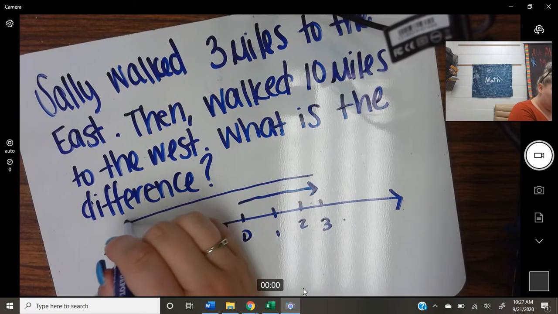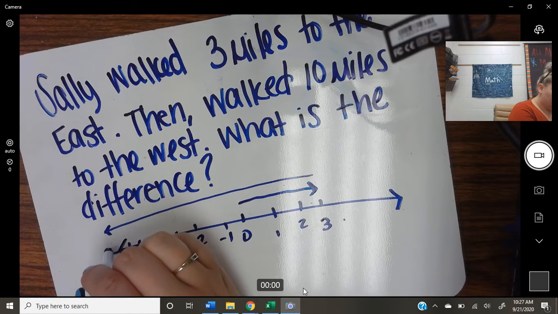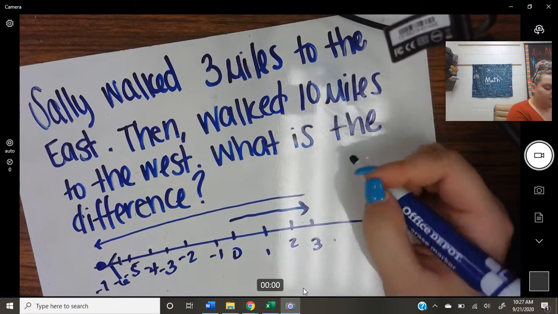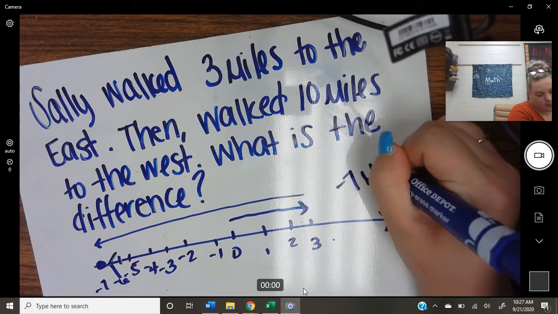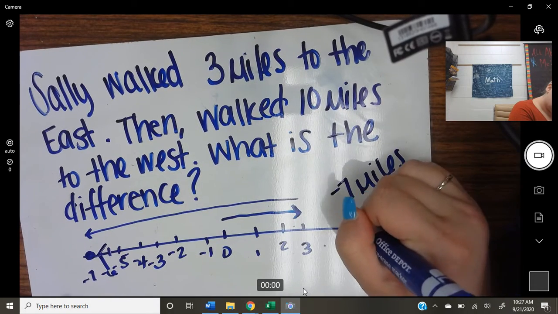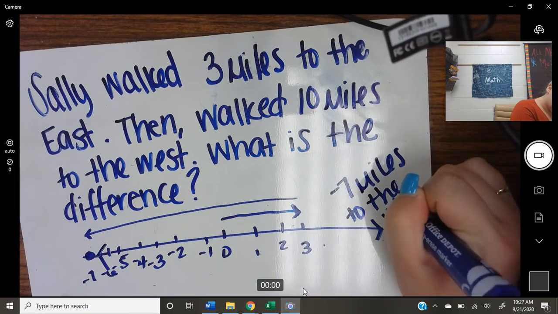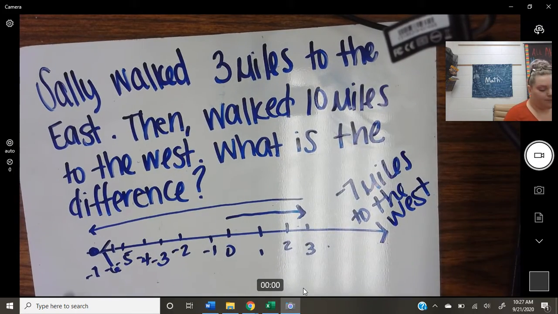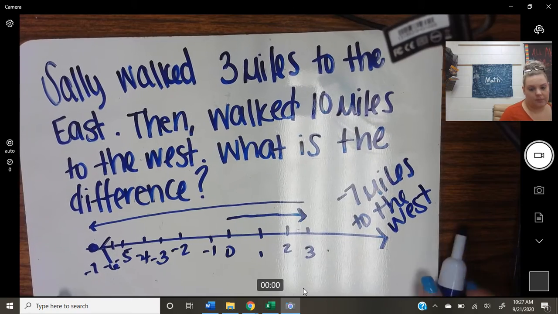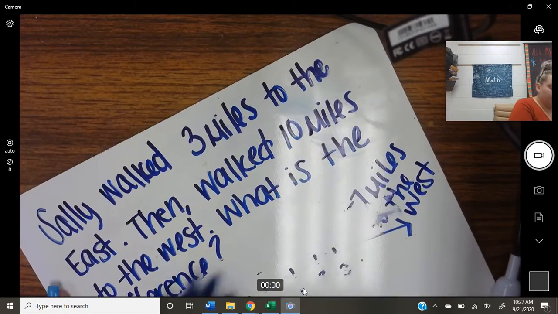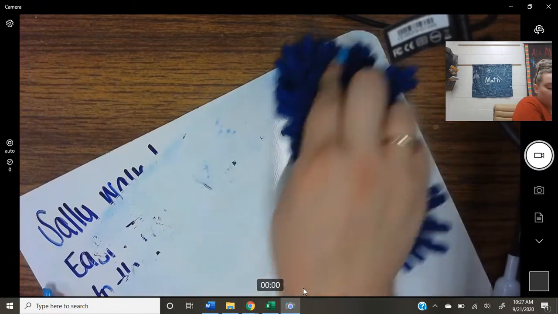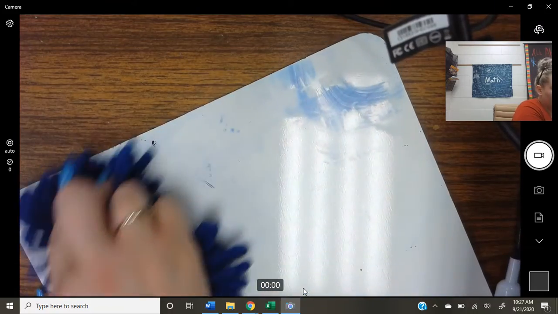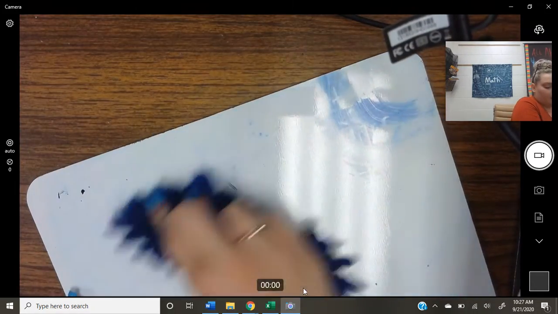So we go from here to here. That's where she stops. So the difference then would be -7 miles to the west. All right, there's that one. Draw number lines if you are having a hard time remembering how to add or subtract rational numbers. Remember, rational numbers have our negative and positive signs next to them.